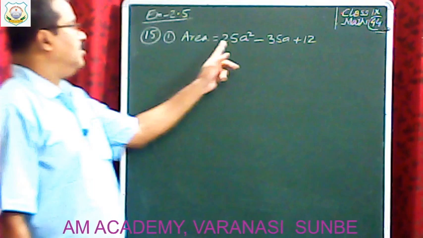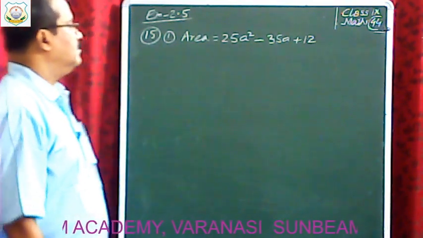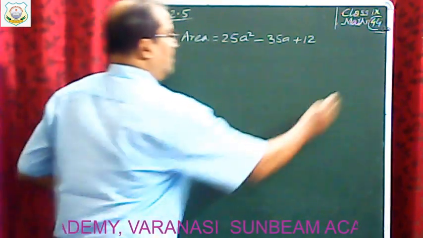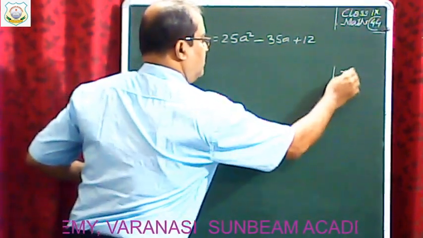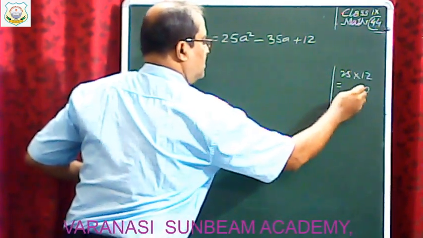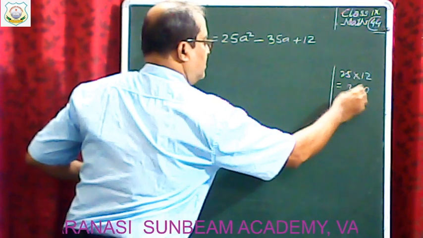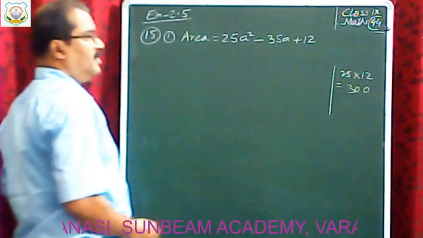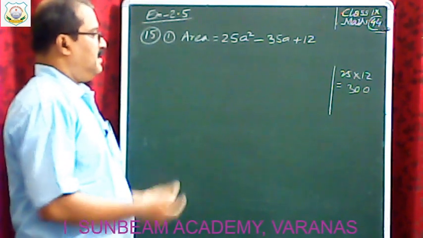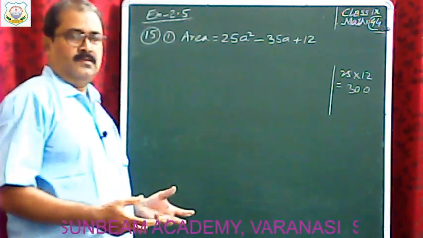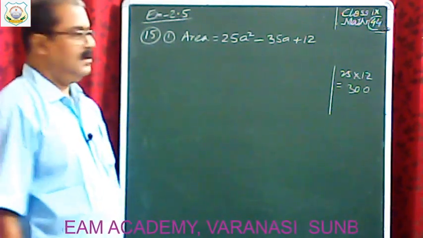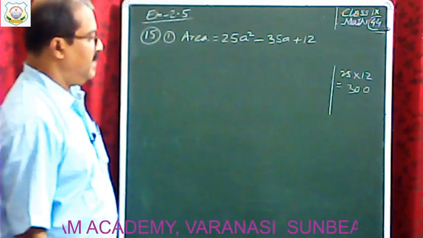So 25 into 12, how much? 300. Thereafter you have to factorize 300 and express it in two parts whose sum must be equal to minus 35 and product must be 300.